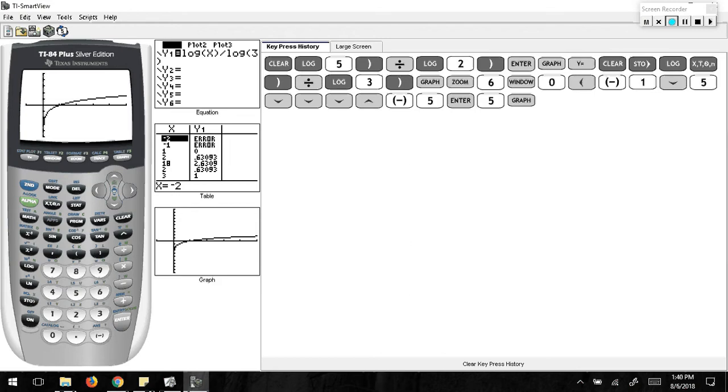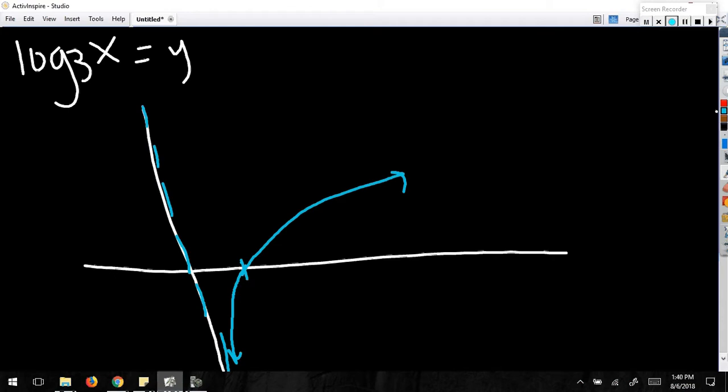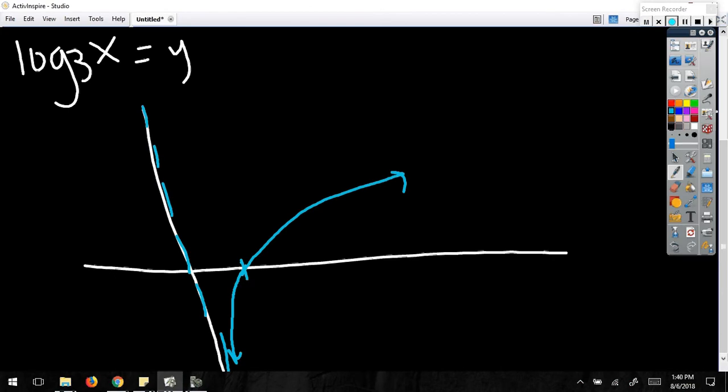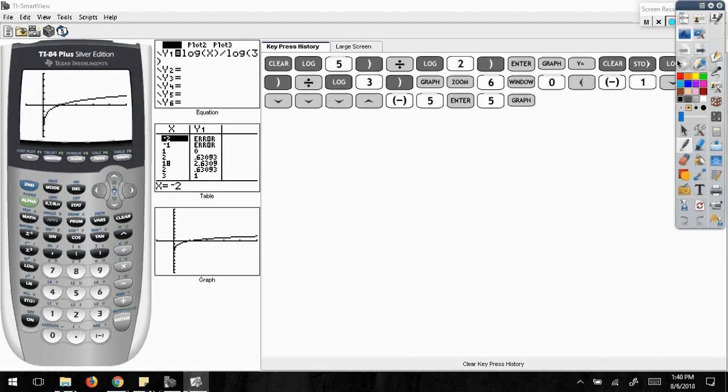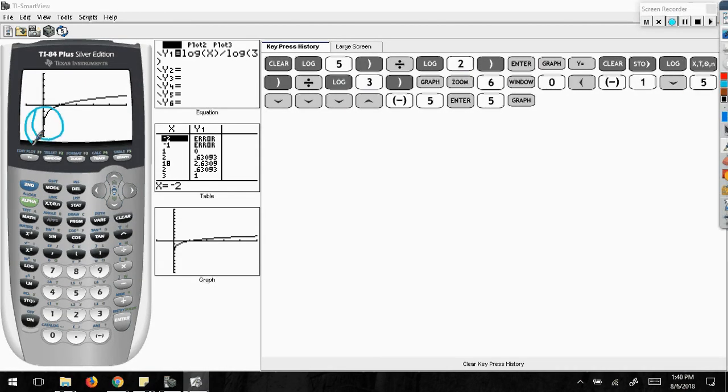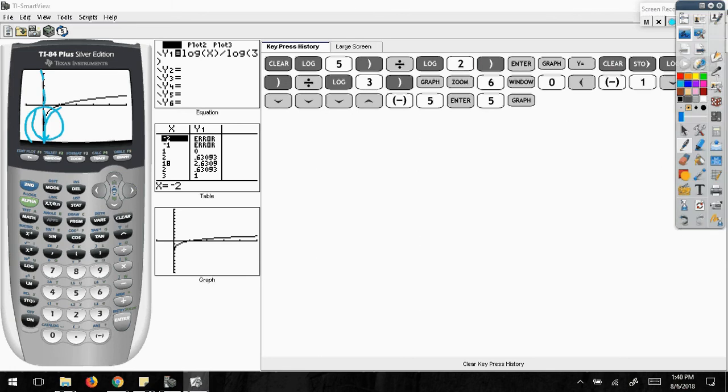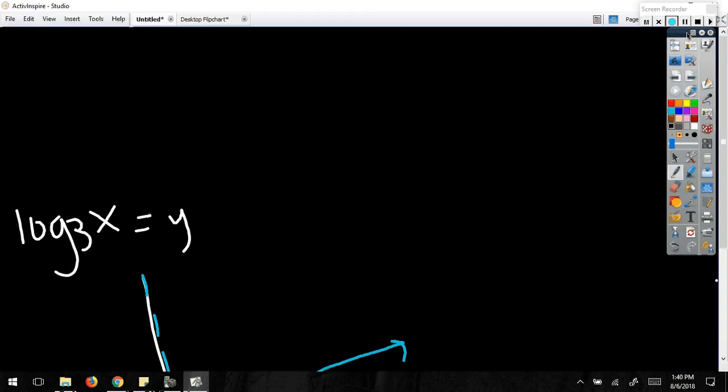The graph itself is actually moving down, and it's hugging this axis, even though you can't really tell. That tells me that there is an asymptote, and all log functions are going to have vertical asymptotes. So this tells me that my asymptote is right there at the origin.